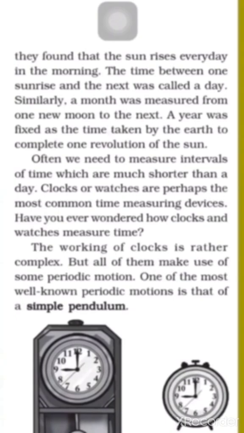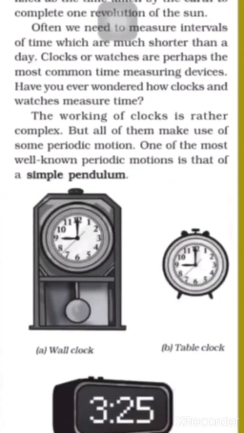Notice that many events in nature repeat themselves after definite intervals of time. For example, people found that the sun rises every day in the morning; the time between one sunrise and the next was called a day. Similarly, a month was measured from one new moon to the next. A year was fixed as the time taken by the earth to complete one revolution of the sun.